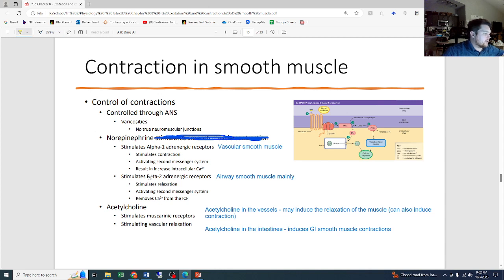We'll talk about alpha and beta. In the future, you'll talk a lot more about these different types of receptors and where they're located. But for right now, just the ones that you talk about here, those are the ones that you want to focus on. So for example, alpha-1 adrenergic receptor.